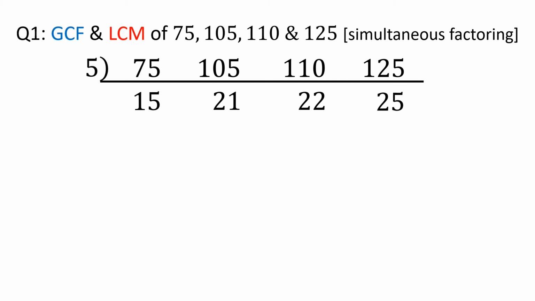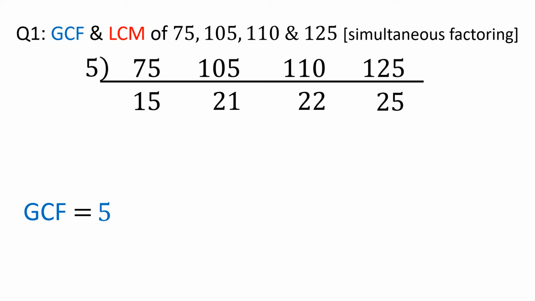We now have 15, 21, 22, and 25, but there is no more common factor for all four numbers, so the GCF is 5. In order to find the LCM of four numbers, we continue to find a common factor for two whole numbers among four.